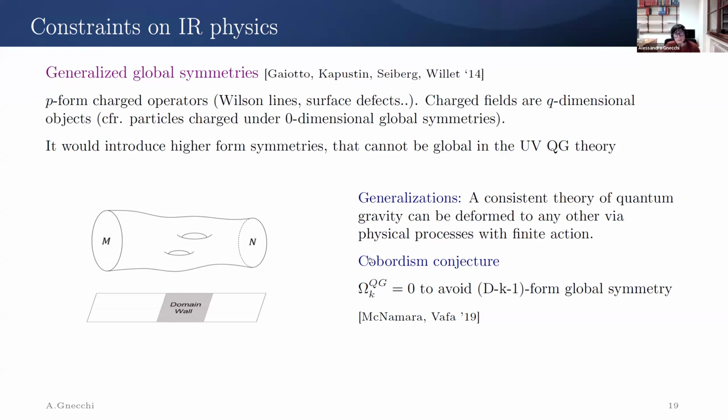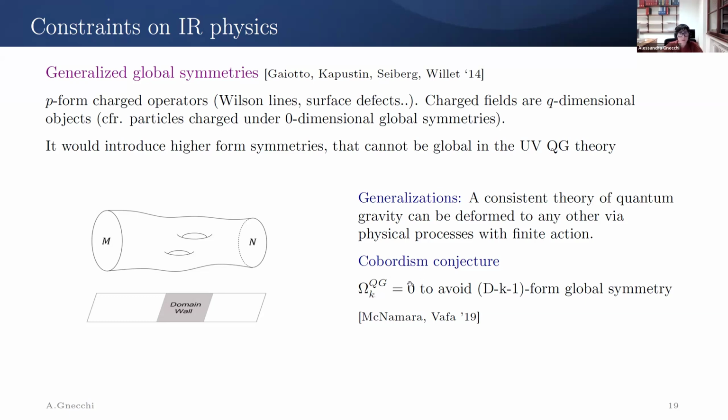This has been dubbed the cobordism conjecture, namely the requirement that if we have a low energy effective theory that comes from string theory, so we've compactified it on an internal geometry, then there are important properties of the internal geometries such that they need to have a trivial cobordism in order to avoid having a conserved (d minus k minus 1)-form global symmetry for a k cobordism.